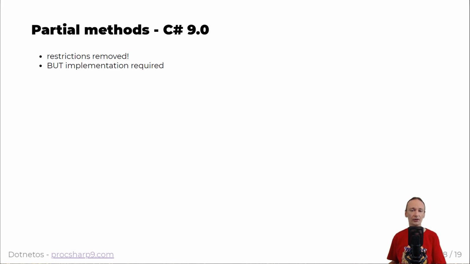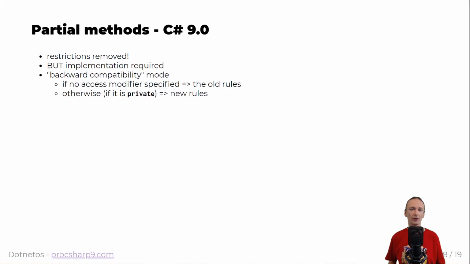So if we have a partial method, then we need to provide its implementation. It might be pretty strange to have such a feature, but you will see why it is beneficial, especially in the context of code generators. We have now a backward compatibility mode, because the C# compiler needs to treat the old and new behavior.